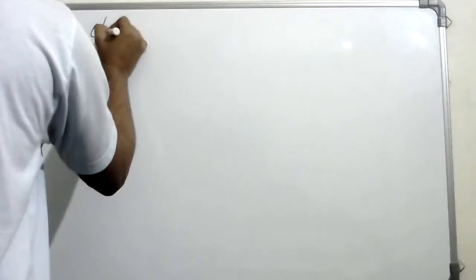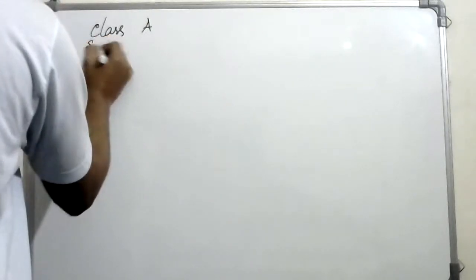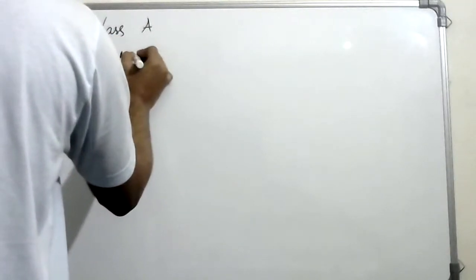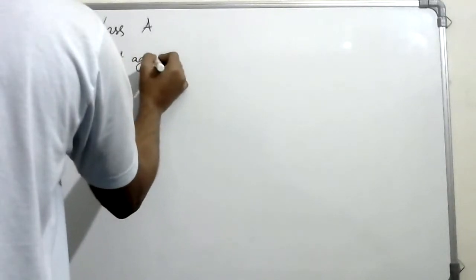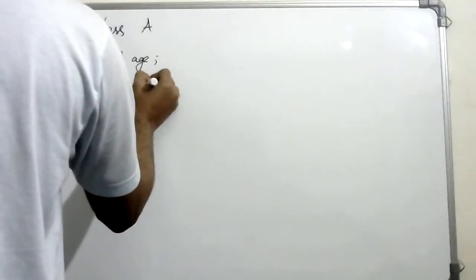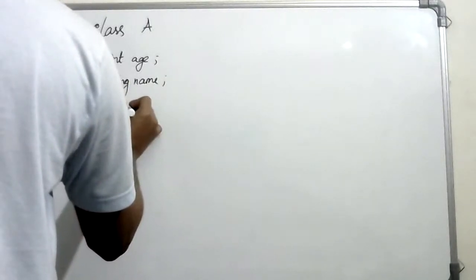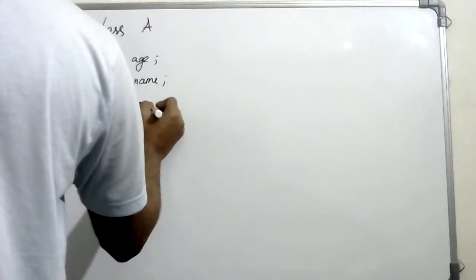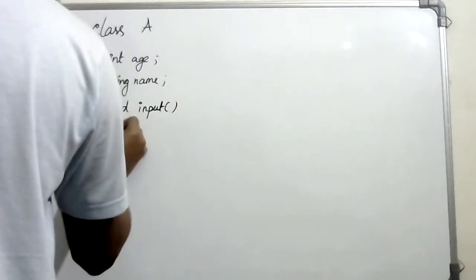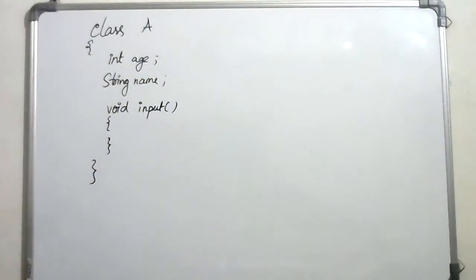So let's say I have a sample class called A. Inside I have certain variables, let's say int age, string name. I have these two variables and I have a method to input values into these variables. I'm not writing anything inside the function, just to demonstrate the relations and connections between objects and classes.